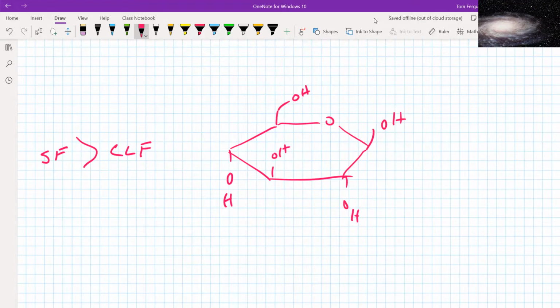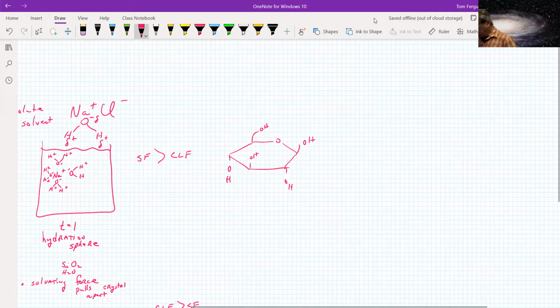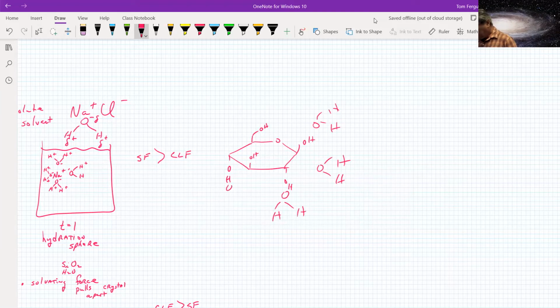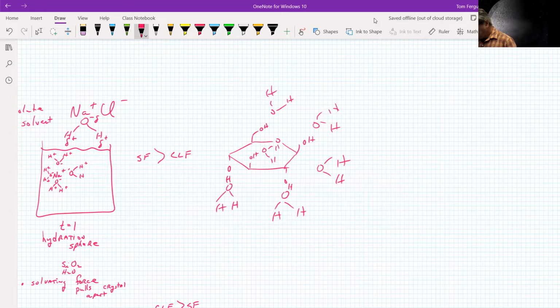So you're going to have the same setup. You're going to have the water hydration sphere surrounding that glucose. The oxygen is going to be attracted to the hydrogen on the hydroxyl groups on sucrose.